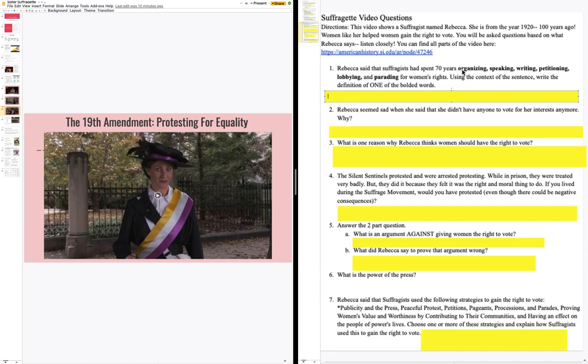So they spent this many years doing these things. What does that mean? These are all a form of protest. They spent 70 years protesting to get women's rights, to be able to vote.